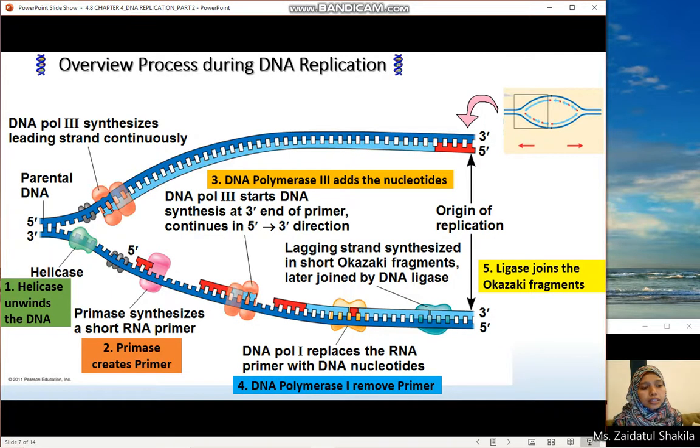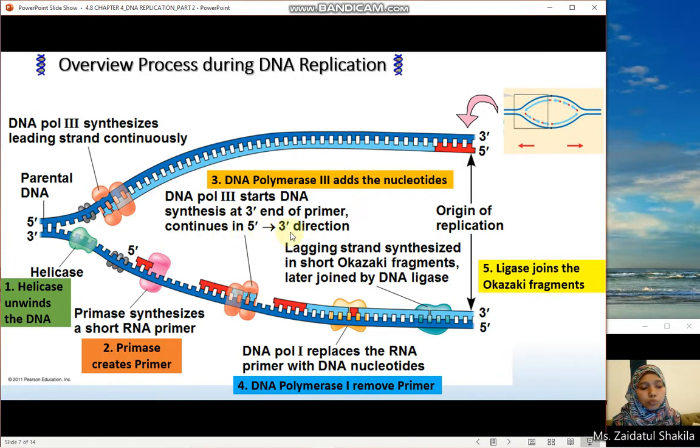This is the overview of the process during DNA replication. During DNA replication, both leading and lagging strand production occur simultaneously. Once DNA helicase unzips the bases between the two parental strands, primase creates an RNA primer immediately on both strands. Then DNA polymerase 3 adds new nucleotides to the parental strands. One important point you need to know is that DNA replication only occurs in the 5 prime to 3 prime direction.